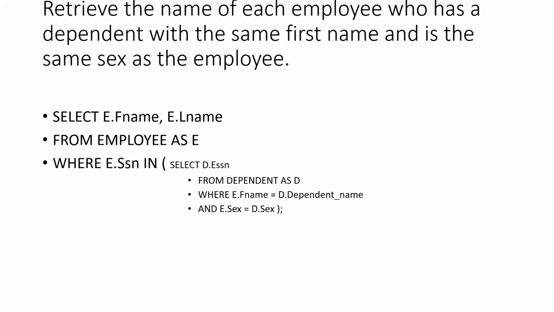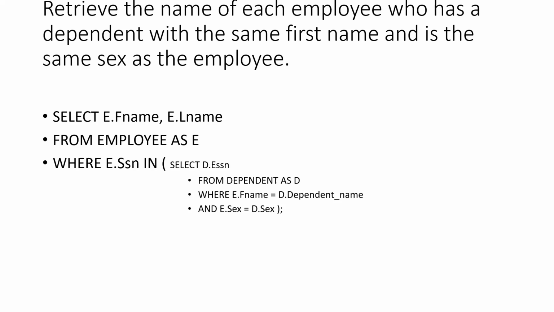Next question. Retrieve the name of each employee who has a dependent with the same first name and is the same sex as the employee. Only the difference is that here we are selecting the employee SSN from the dependent table, and we have to retrieve the name of employees. Names of the employees are present in the employee table.